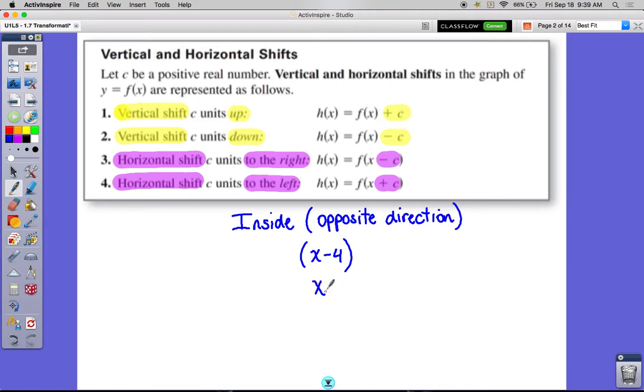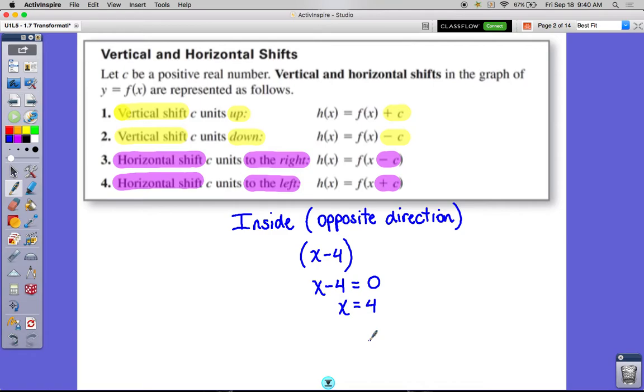Let's say this x minus 4 was equal to 0. That means this thing's gotten offset by 4 units. When I solve for x, notice I get x equals 4. So it is, in fact, to the right 4 spots, because what used to be x equals 0 is now x equals 4.